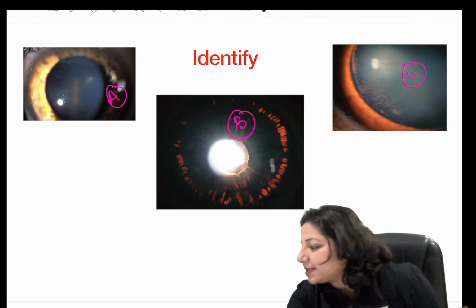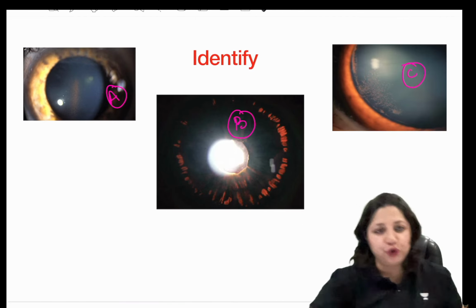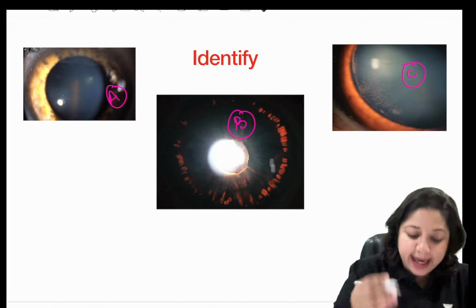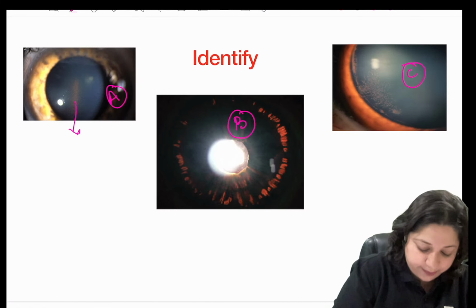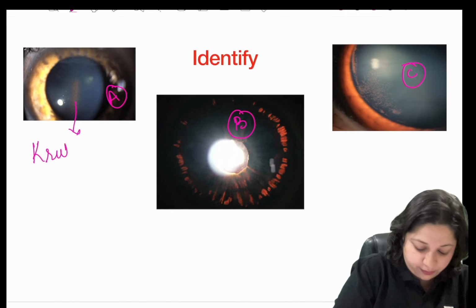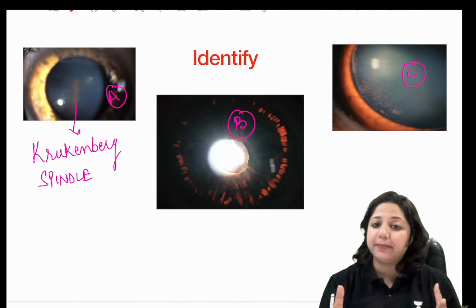All right. So A, C, you say is Weiss ring? Weiss ring is B? No, I will tell you. So what is A? A is Krukenberg spindle. What do we mean by that?